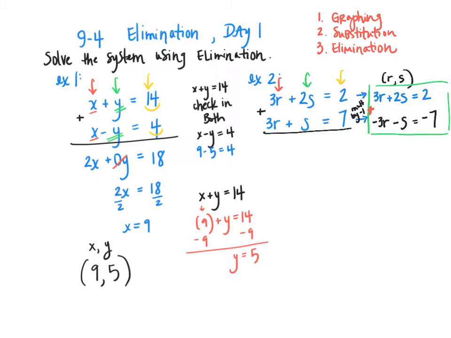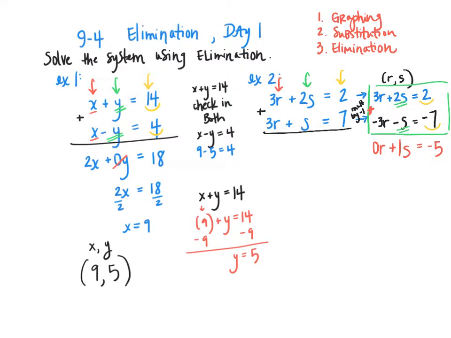So now when I do 3r plus a negative 3r, that's 0r. That's going to eliminate, which is good. And then I have 2s plus a negative s, which is going to give me a positive 1s. And you could write that just as s, which is fine. And then you have a 2 plus a negative 7. And so that's going to give me negative 5.